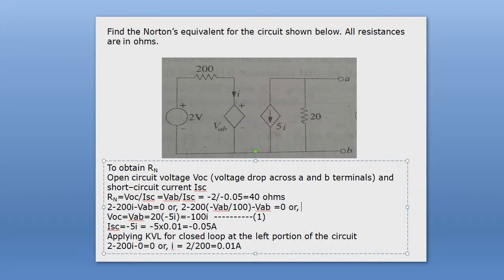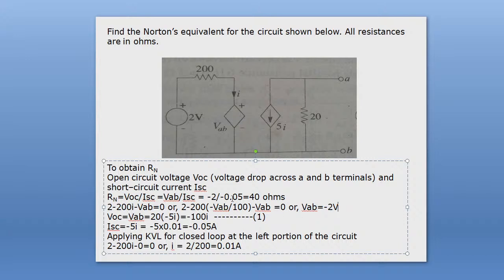So 2 plus 2 VAB minus VAB, so VAB equal to minus 2 volt.